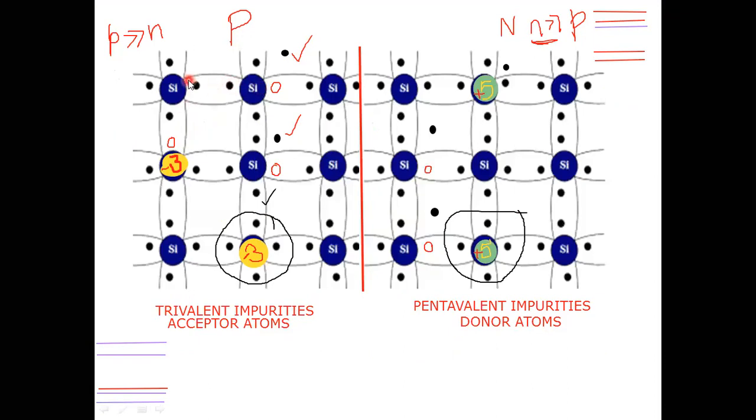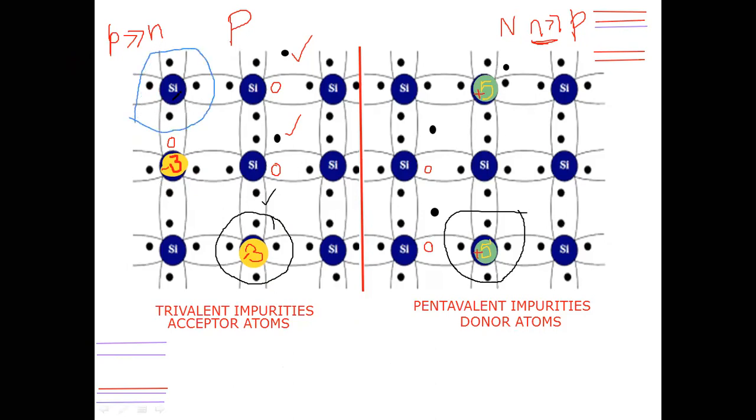Even though it has 4 electrons in its outermost orbit, all the electrons are bonded. Then how will it help for conduction? No, never. In the PN junction diagram I am just showing the charge carriers which take part in the process of conduction.